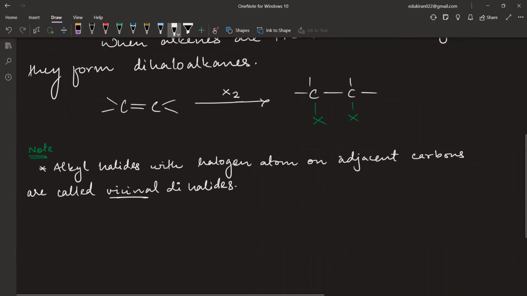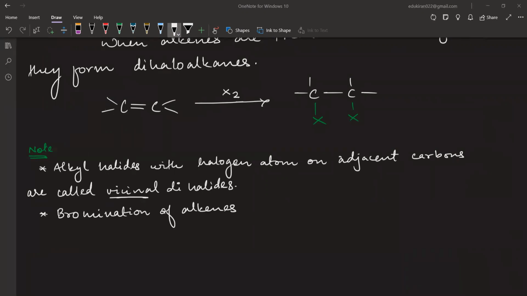Bromination of alkene. Now, bromine has a kind of reddish brown color, and when you are treating it with alkene, what is going to happen? It will form vicinal dibromide, and this vicinal dibromide is going to be colorless. So you are going from color to colorless.